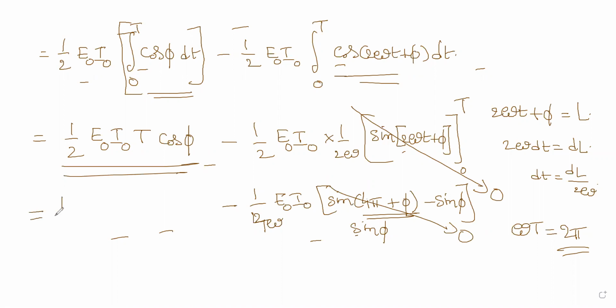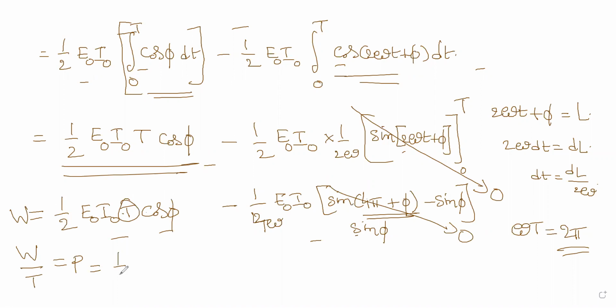So the answer here, half E naught I naught t cos phi, is what you are left with. That's the work done. So you send the t to the other side, and you are left with W by T, that is the power, right?